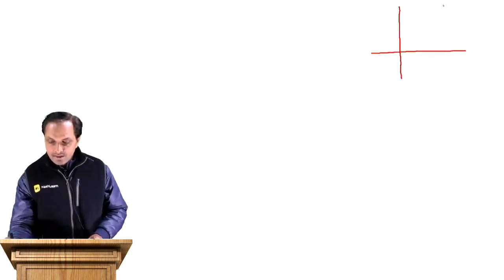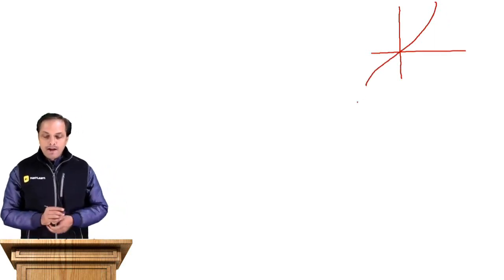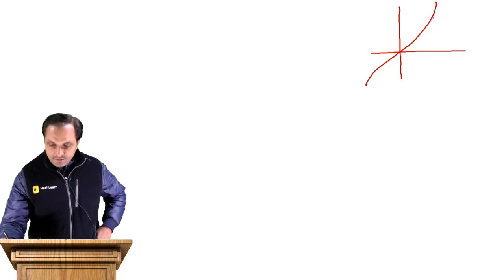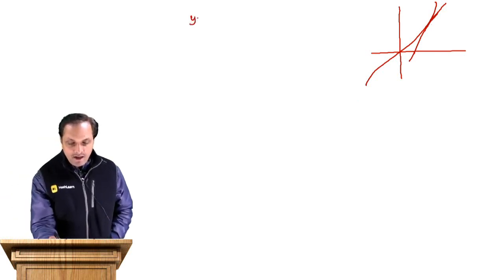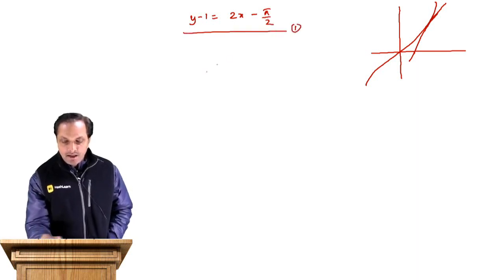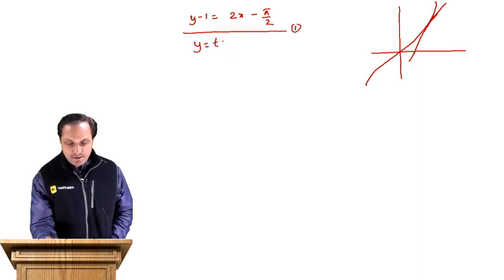This is your tan x graph, which is going on up, and you have a line something like this. This is what you have: y minus 1 is equal to 2x minus pi by 2. This is your line 1.